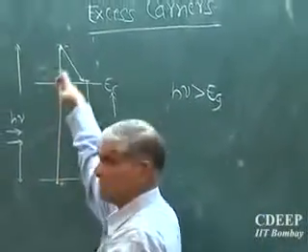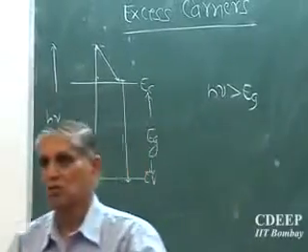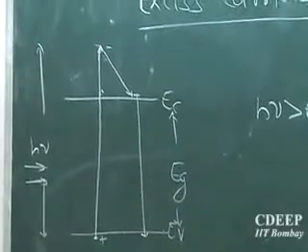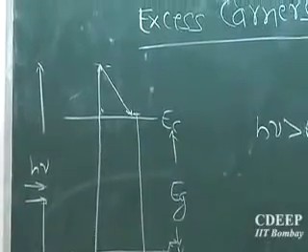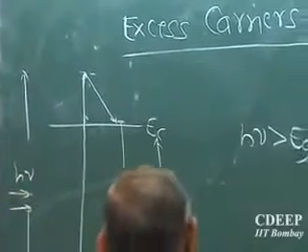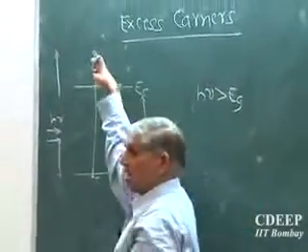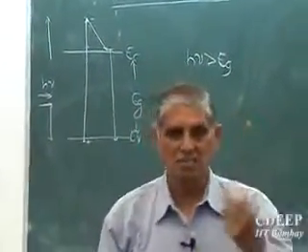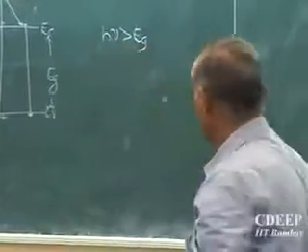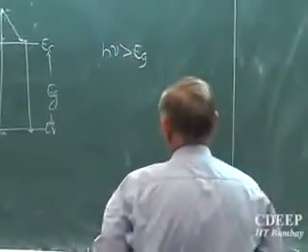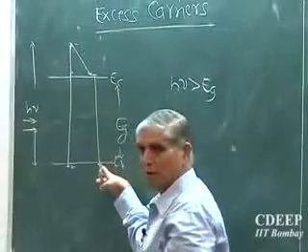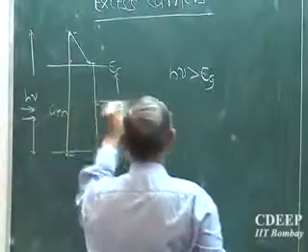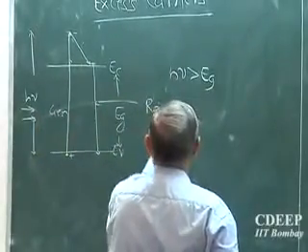The first process is called generation: when you shine h nu greater than Eg, electron-hole pairs are generated. The second is relaxation: the higher energy electrons fall to the lowest energy state, they relax, they lose energy. And finally, they may fall back to the valence band, and this term is called recombination.